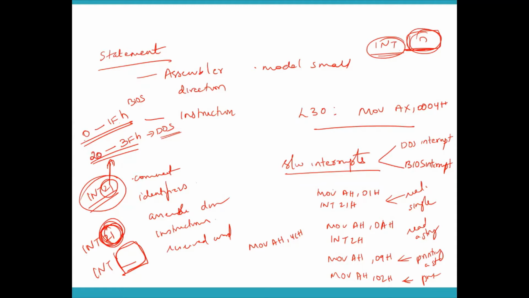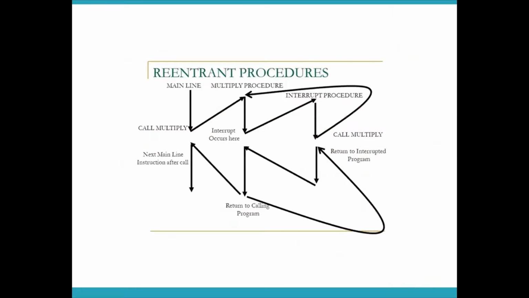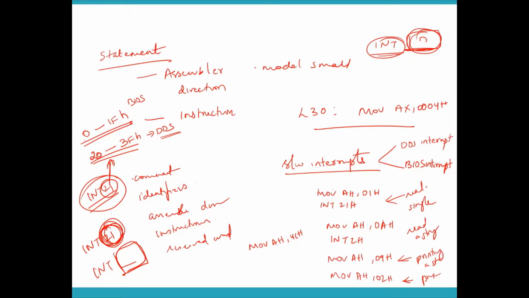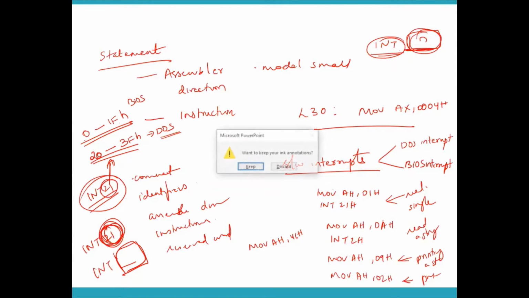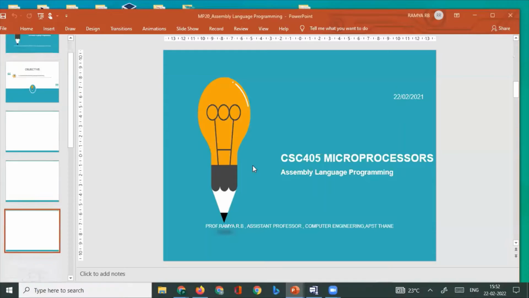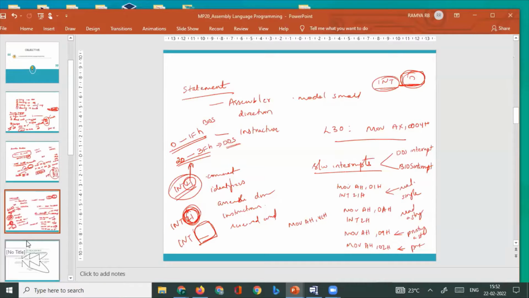Then coming over to the last concept, which is macros and procedures. We've already discussed macros in the practical session, so let me directly go into procedures. Remember I told you a difference between macros and procedures.